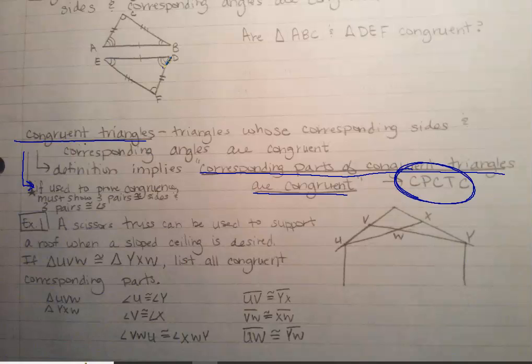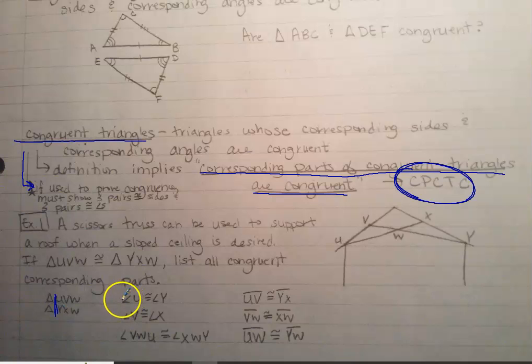It says a scissors truss can be used to support a roof when a sloped ceiling is desired. Right here would be the inside of your house, and you'd get that sloped or vaulted ceiling. If triangle UVW is congruent to triangle YXW, list all the congruent corresponding parts. I've gone ahead and listed them so we can look at them. Triangle UVW is congruent to triangle YXW, so U and Y have to match up.